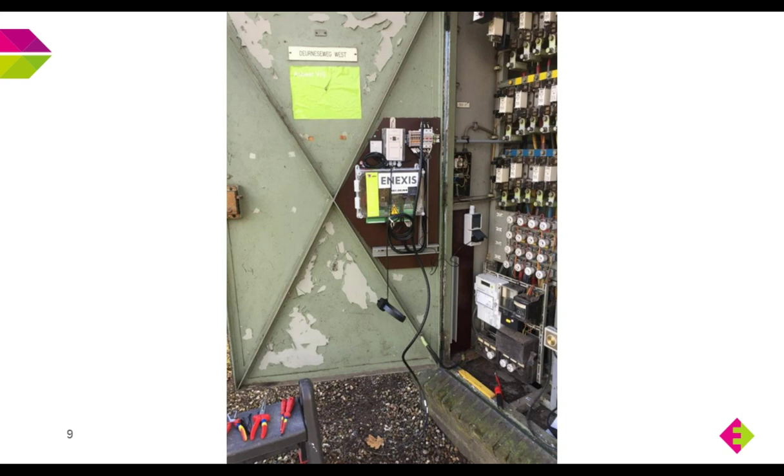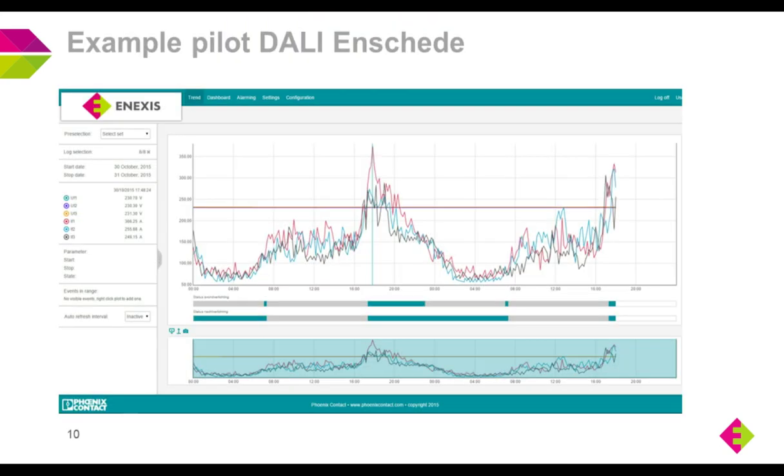You see here the box in the middle of the door, because there's no place in the station. So we looked at what the possibilities are to place the boxes. Looking at the measurements of this simple box, you can see something we never saw before: the 3 phases, and whether the 3 phases are loaded equally, or one specifically and the other 2 normal.